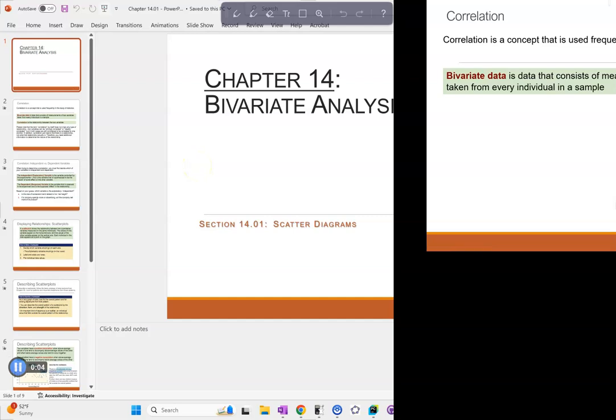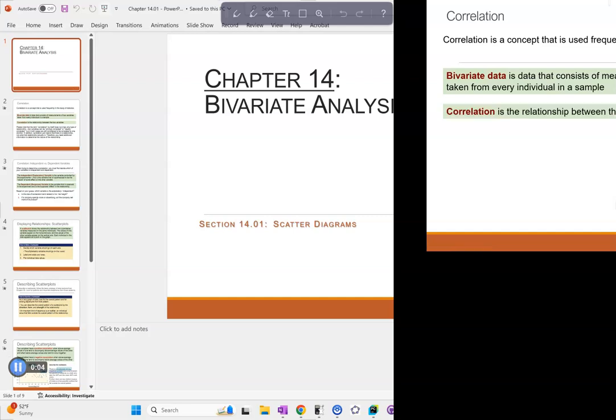So you're taking every individual in your sample, you're measuring two things from them, like height and weight, or political party affiliation and their opinion on some political issue, or gas mileage and horsepower, or whatever, right? Favorite color and gender.